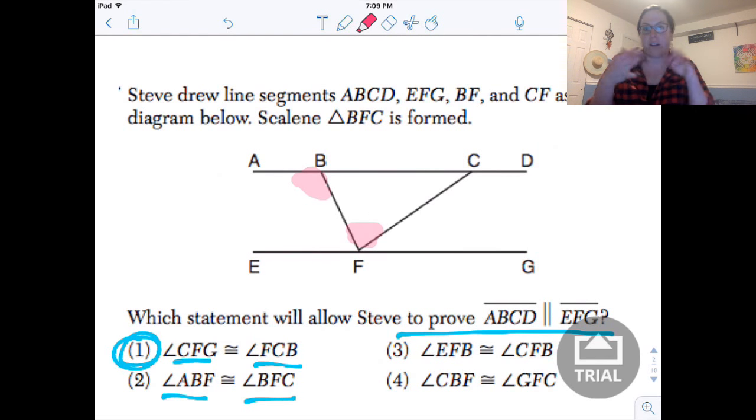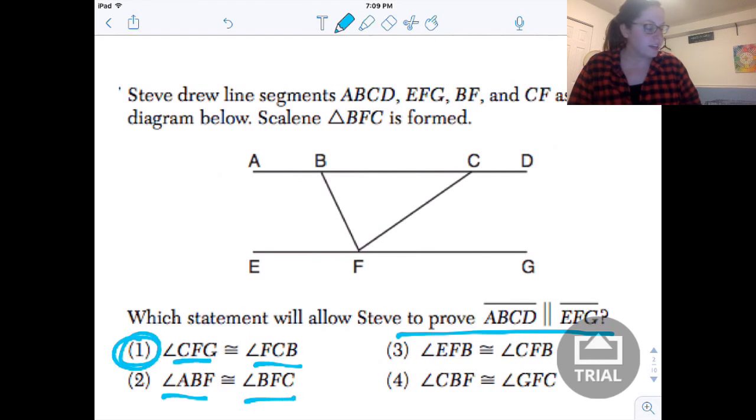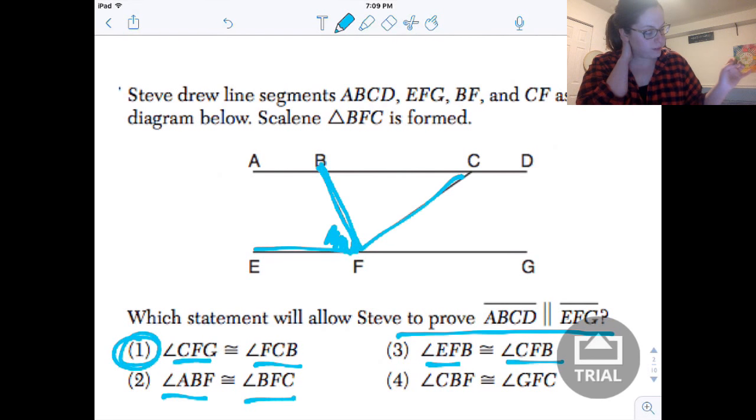That's not corresponding. Those are just 2 angles that happen to be in the same diagram. So that's not going to be any of my angle pairs. The next one I see is EFB and CFB. So EFB is this one right here. And CFB is this one that we just talked about before. Those are adjacent angles.